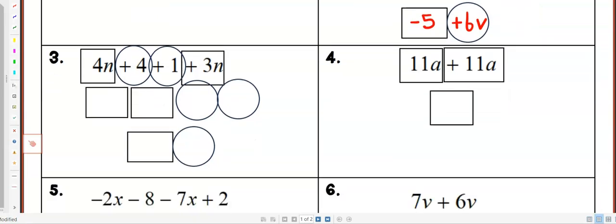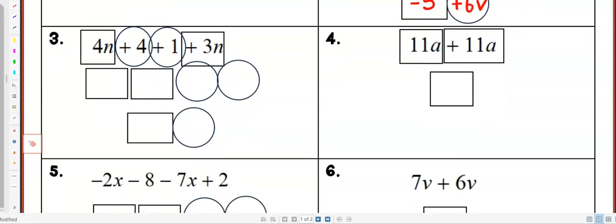All right, number 3. Again, we've already identified 4n, positive 3n here, and then our circles have our positive 4 and positive 1. So we're going to go ahead and rearrange it. So let's get our box terms together. Positive 4n, positive 3n, and then we have our circles, positive 4 and then positive 1.